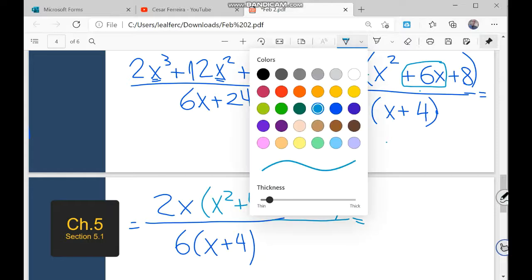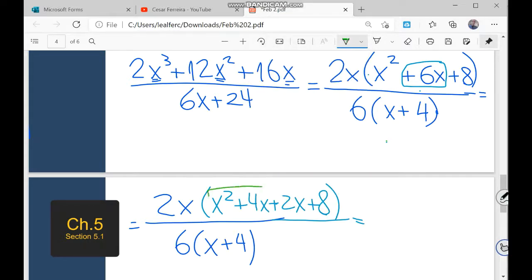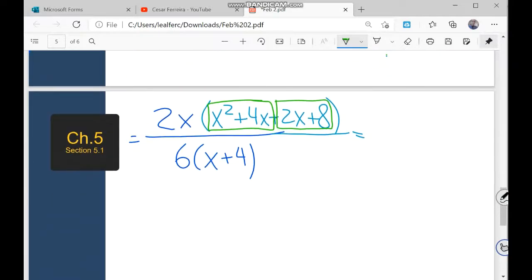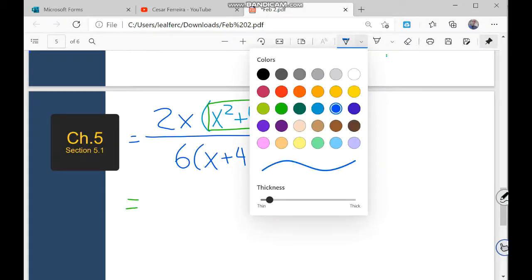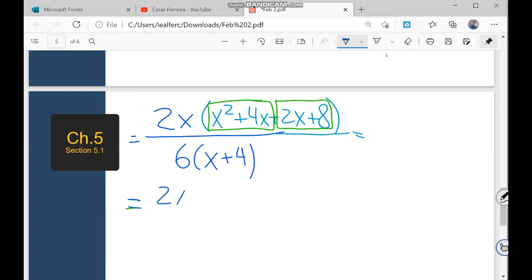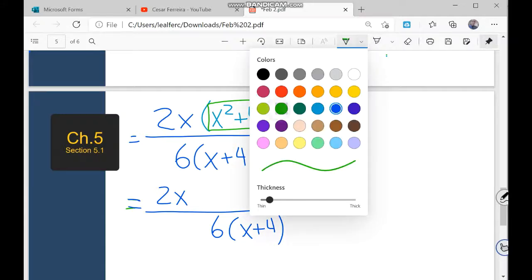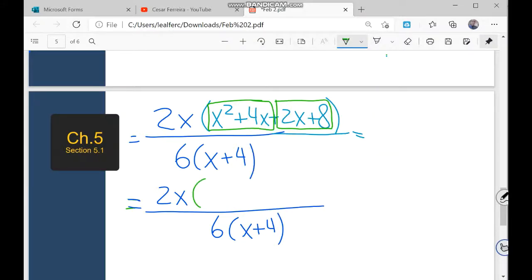And finally, we can factor this using grouping. Factoring by grouping. Remember this? Let's repeat again 2x, and here on the bottom 6x plus 4. With factoring by grouping, the first two terms we can factor out x times x plus 4. Right?